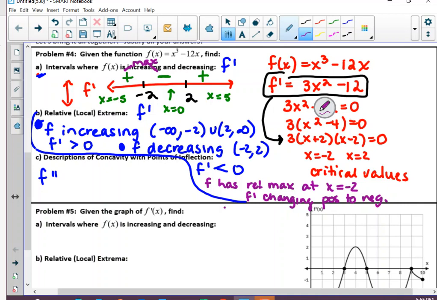And then similarly, f has a relative minimum at x equals 2, f prime changing negative to positive. I know that's a lot of writing.